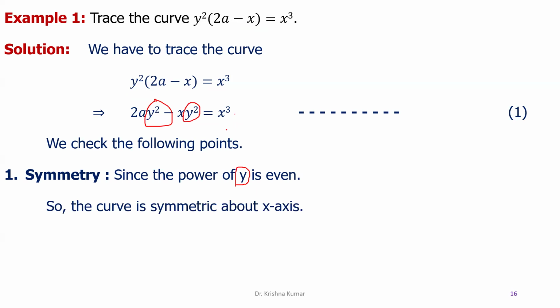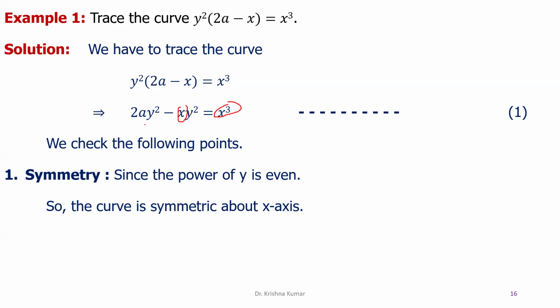Now, we know that there are 6 types of symmetry. Is it symmetric about the y-axis? No, because the power of x is not even. And since the power of x is not even, it is also not symmetric about both the axes. Also, if we replace x by −x and y by −y, the equation of the curve will change, so it is not symmetric about the opposite quadrant.